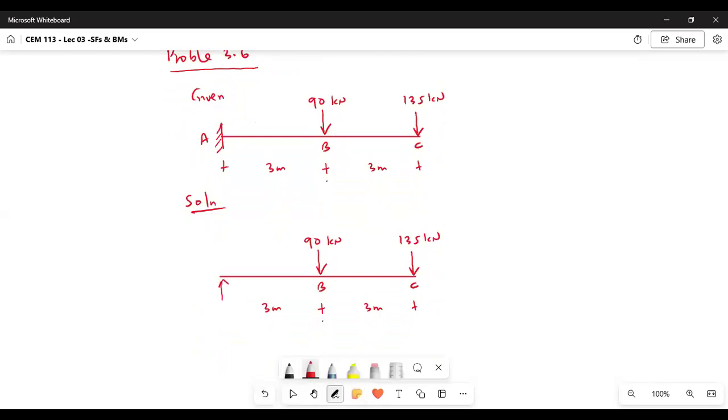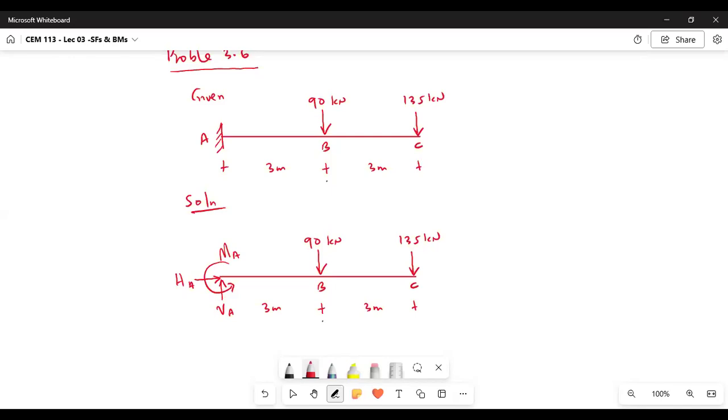So I have vertical, I have horizontal, and I have a moment. This is at point A. So this is HA, and this is VA. And these distances are 3 and 3.